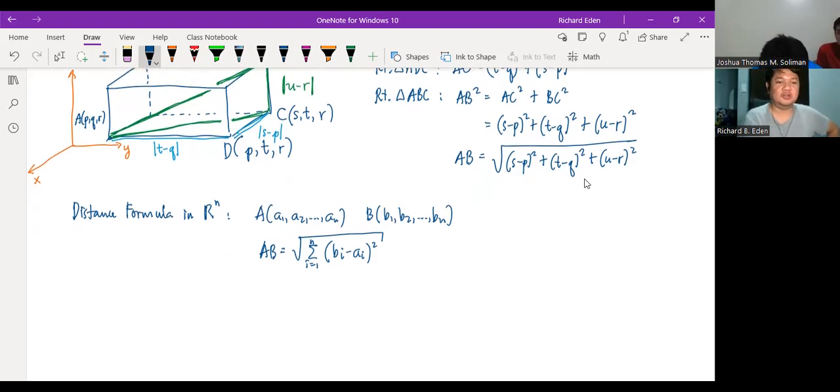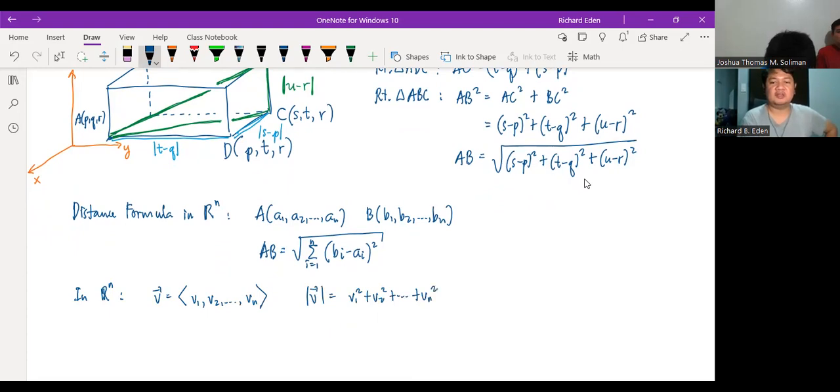And so therefore, in Rn, if the vector v has components v1, v2, onwards to v sub n, then the length of vector v is v1 squared plus v2 squared plus dot dot dot plus v sub n squared, and then we take the square root.